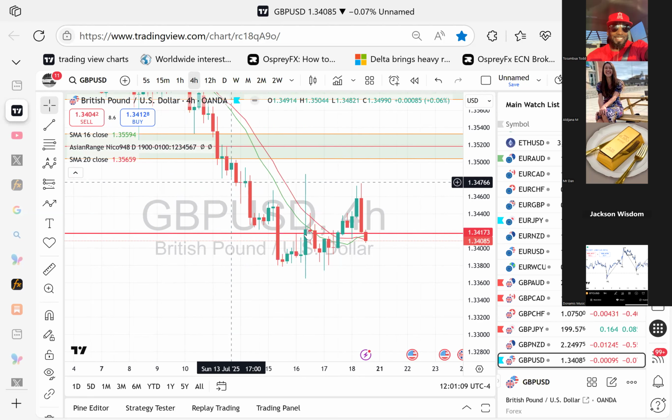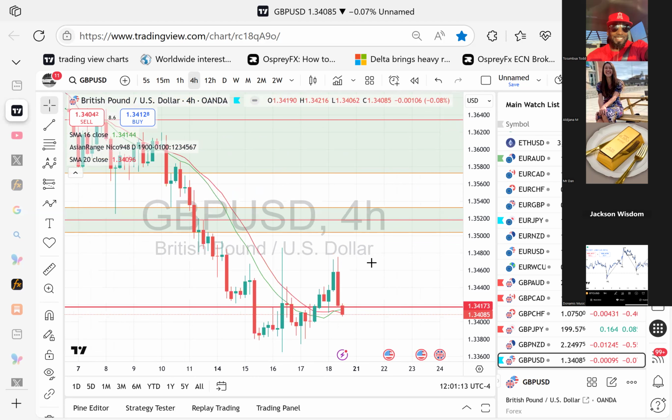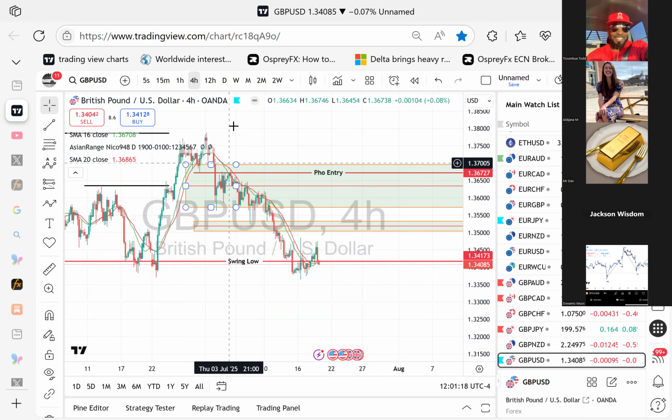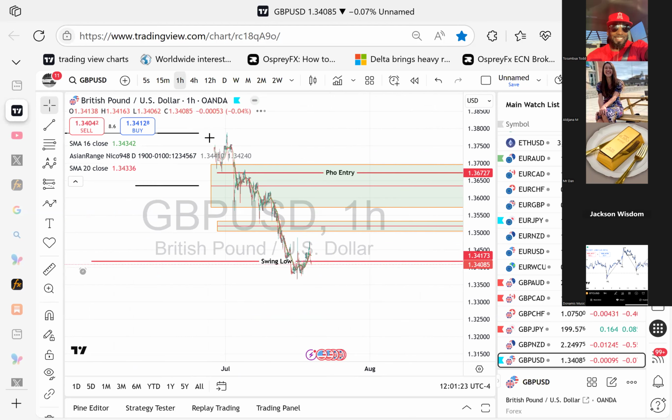Okay, so I do agree that this is a buy. I believe price is going to buy. I think I explained that pretty well in the first part of talking about this GU setup.